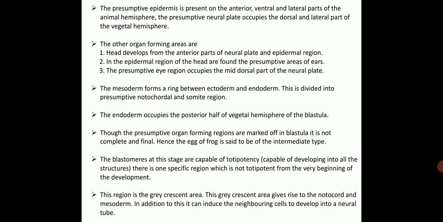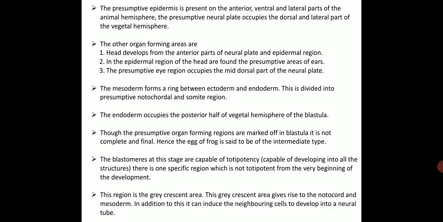The other organ forming areas are, for example, the head, which develops from the anterior parts of the neural plate and epidermal region. In the epidermal region of the head are found the pre-assumptive areas of the ears. The pre-assumptive eye region occupies the mid-dorsal part of the neural plate.